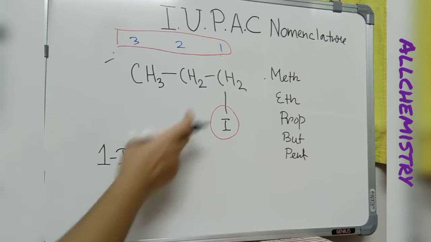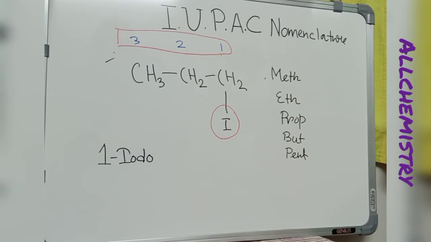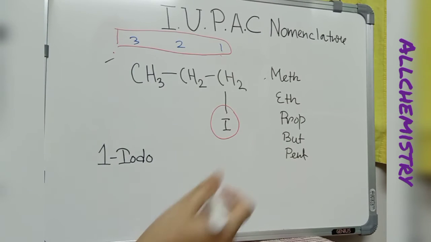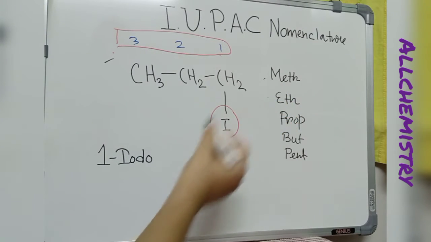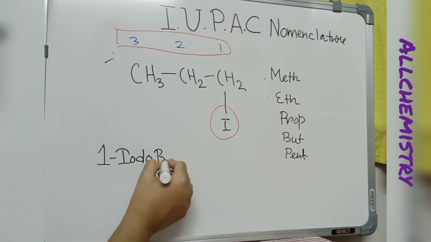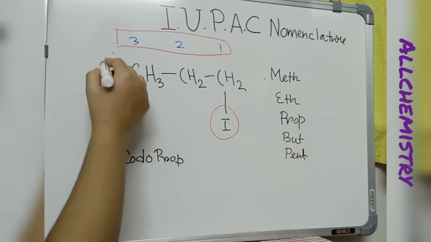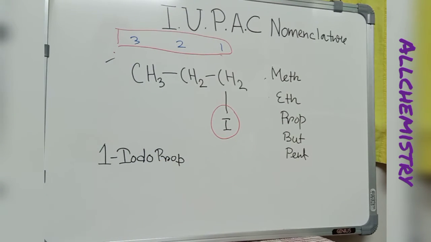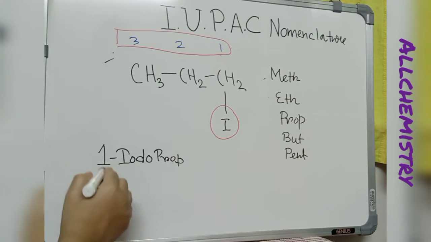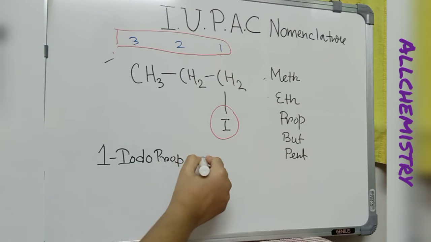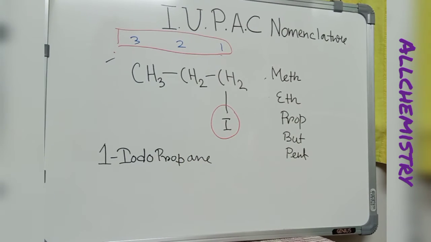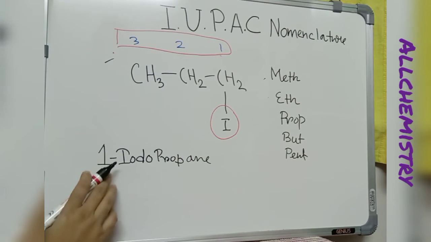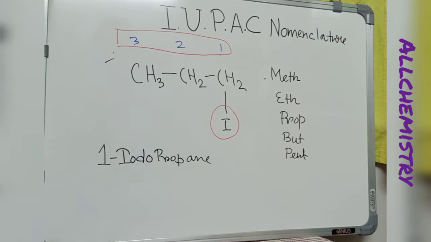And we have a total of 3 carbons in the longest chain, so we can say meth, eth, prop, 1-iodo-prop, and this is an alkane. No double bond is here, so this is only a single bond. So we will say 1-iodo-prop-ane. So the IUPAC nomenclature will be 1-iodopropane.